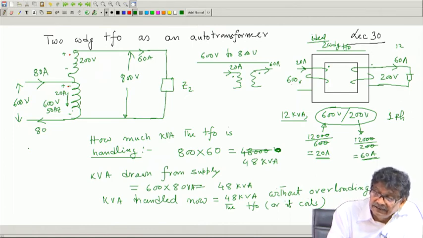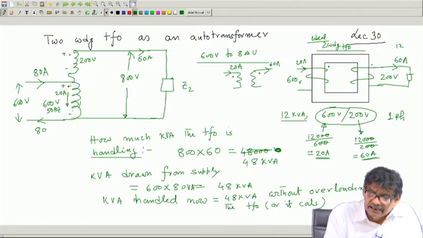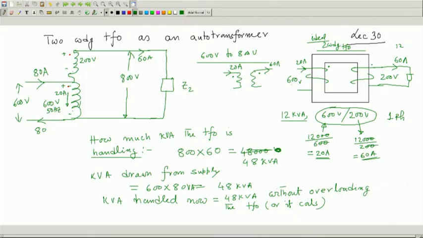Therefore, these two coils can be treated as isolated coils, and the volt ampere handled by this, by transformer action, I write in a different color, that is kVA transmitted by transformer action should be equal to 200 into 60, or that is same as 20 into 600. Either way, this is equal to 12 kVA.